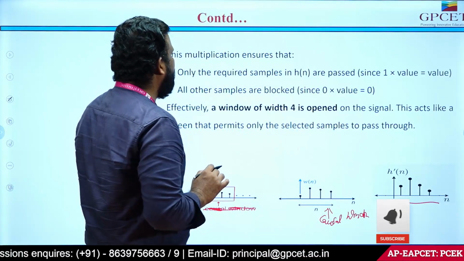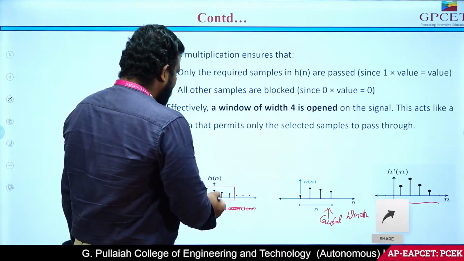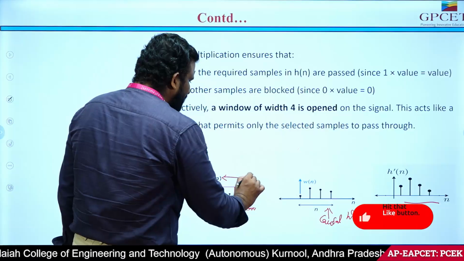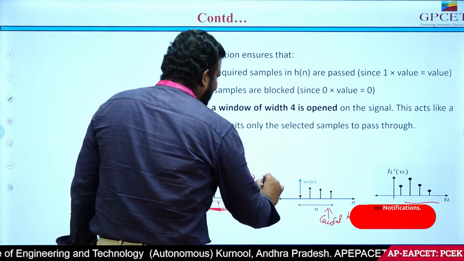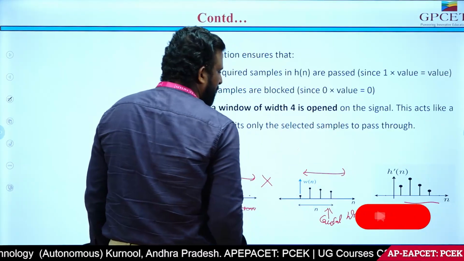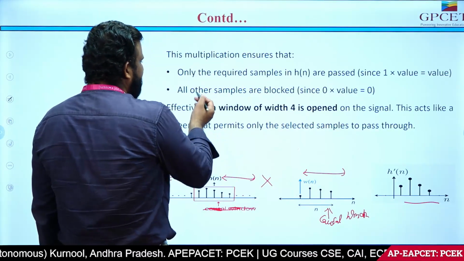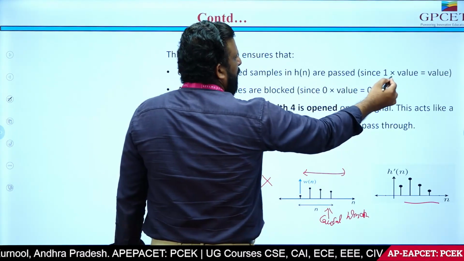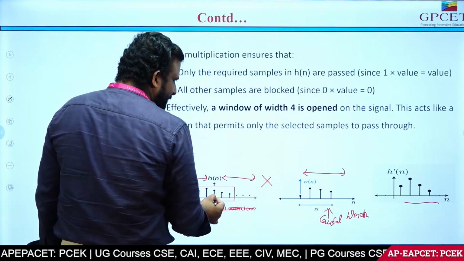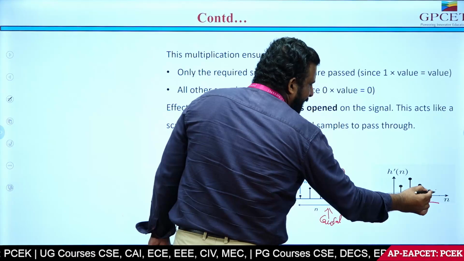So for that, we are taking h of n, which contains both negative terms as well as positive terms, and if I multiply this with the windowing technique, which is the causal window, what happens here? You can see here, since 1 into value is equal to value, whatever value it is multiplied by one, that value only I will get.